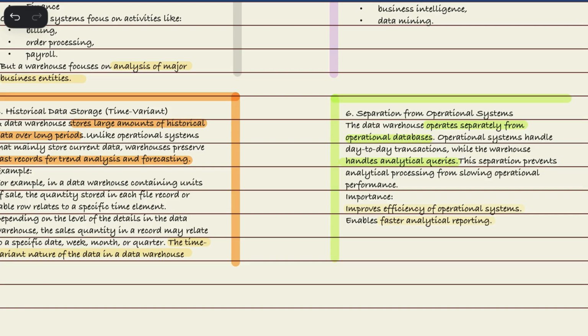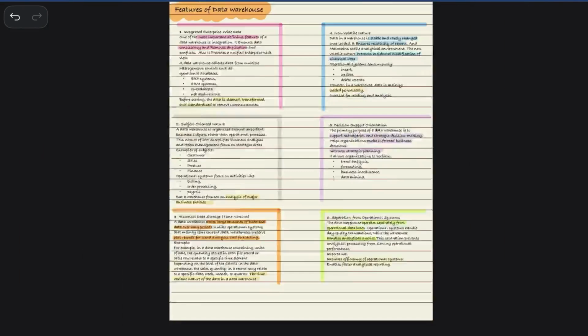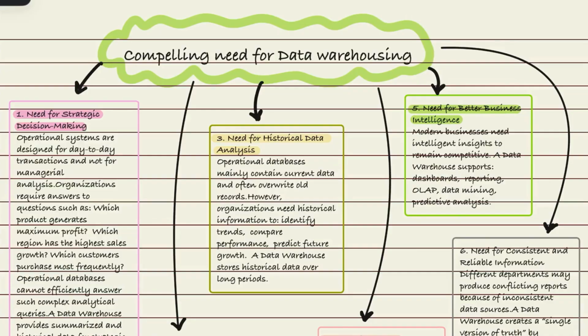It handles the analytical query part, the insights part, not just the raw data part. You really need to understand this. It improves the efficiency of the operational system, because all the data from the operational system is stored in the data warehouse, and it also speeds up the reporting part, the analytical side.